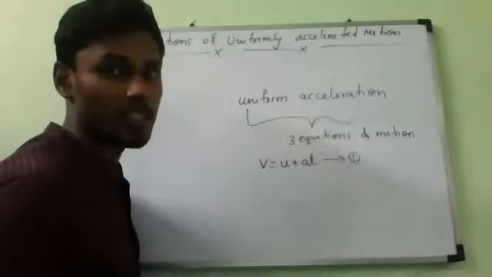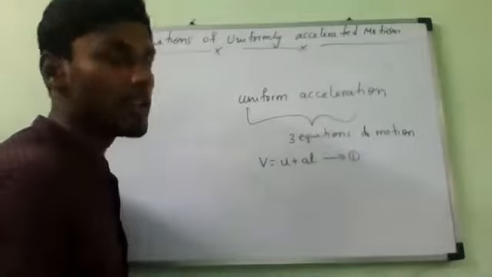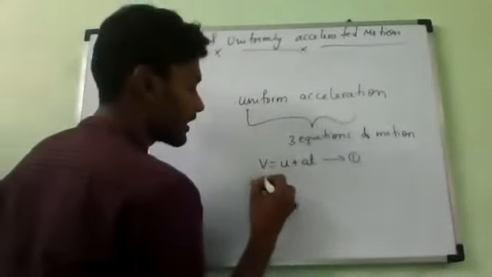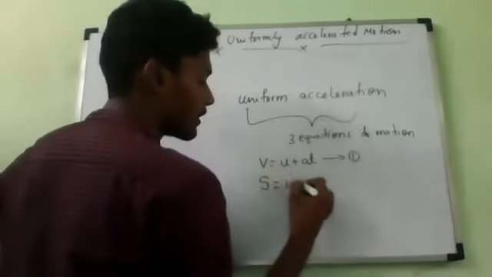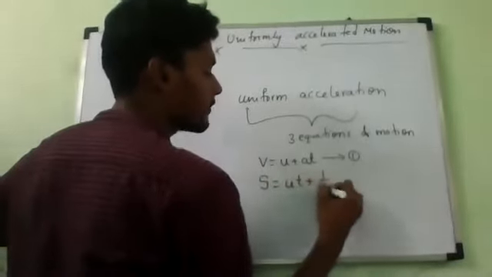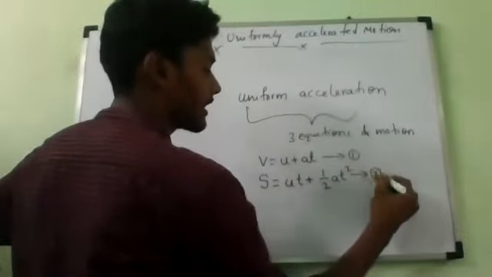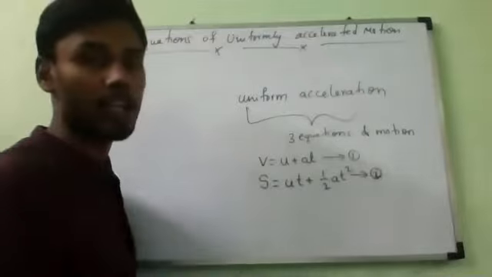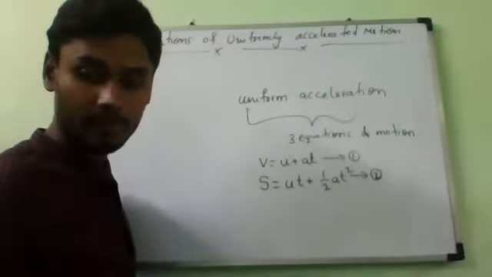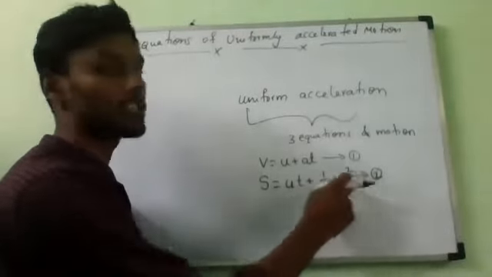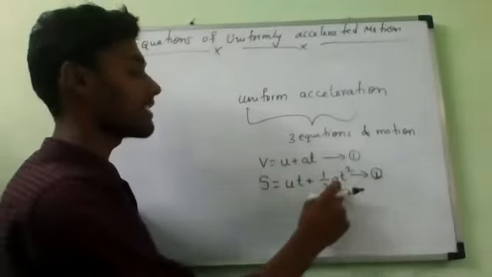First I will say the equations; later I will teach you how to derive them. The second equation of motion is S equals UT plus half AT square. Here S means distance, U is initial velocity, T is time, and half AT square is half into acceleration into T square.